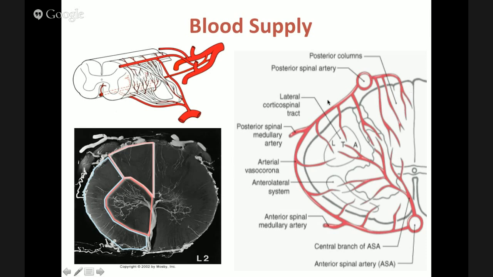The posterior spinal supplies the dorsal columns, and then branches of both the posterior spinal and the anterior spinal supply branches to the outer surface of the spinal cord. And so there's this region called the arterial vasa corona, which is supplied by both vessels.